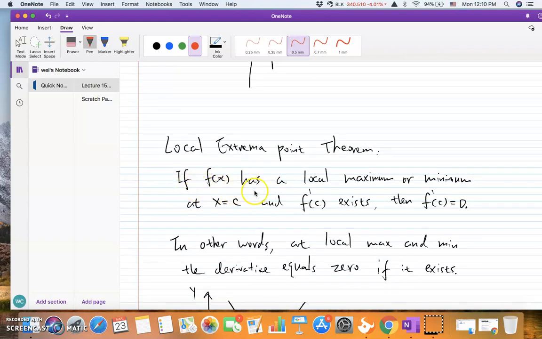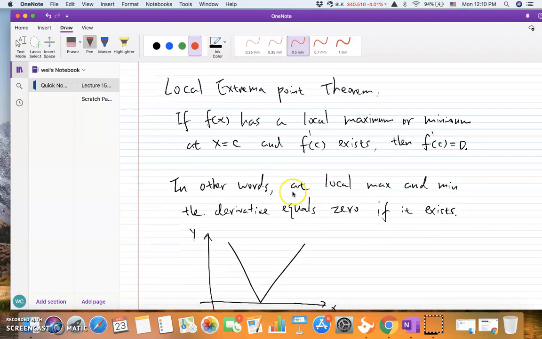If a function has a local maximum or local minimum at the point x equals c, and if the derivative at x equals c exists, then that derivative is going to be 0. In other words, at a local maximum or minimum, the derivative equals 0 if the derivative exists.